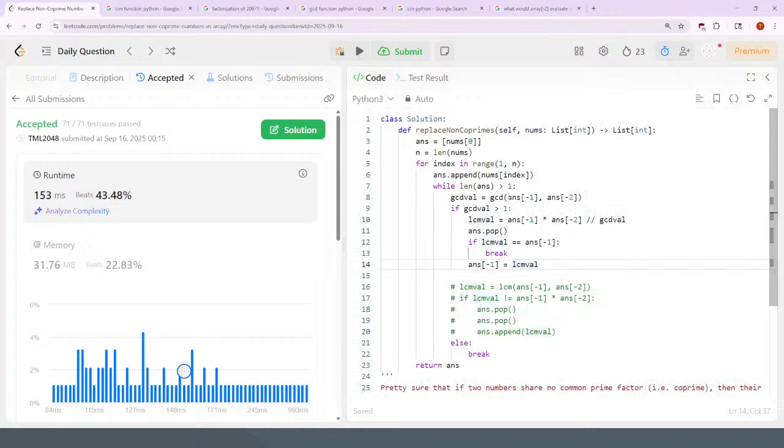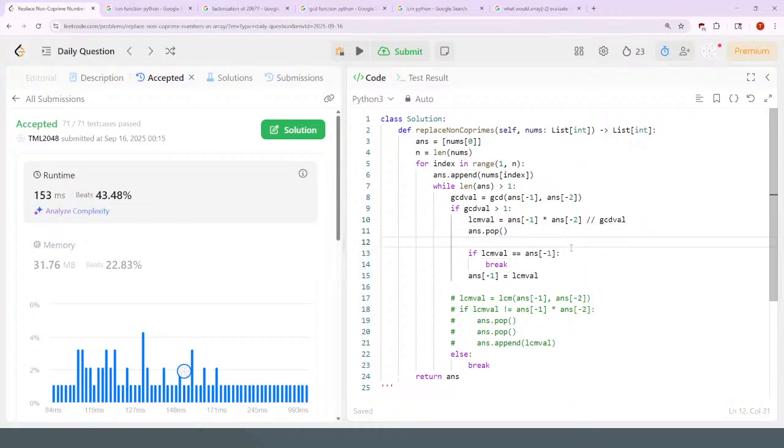So if there's no change, there's no change. So here, this is a slight optimization, or basically a small optimization.